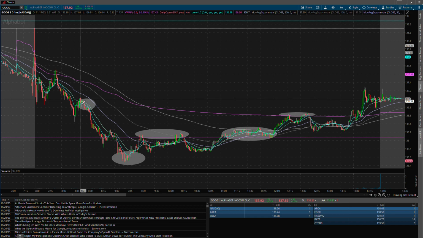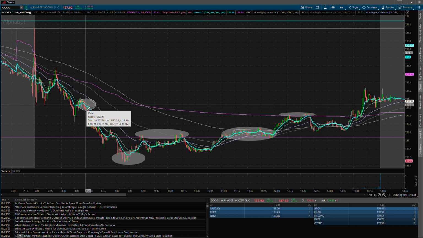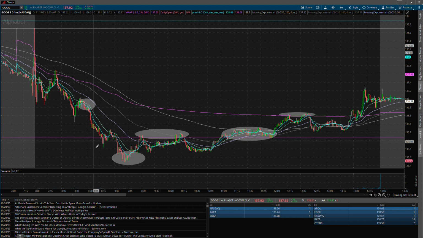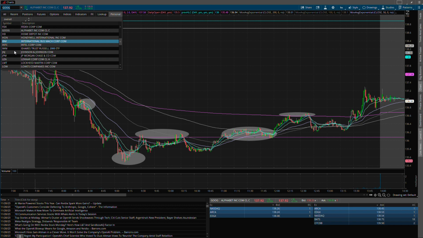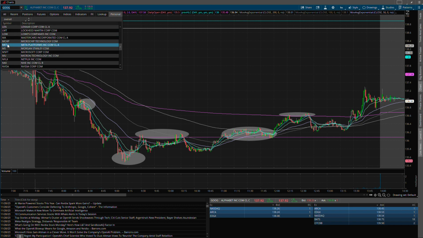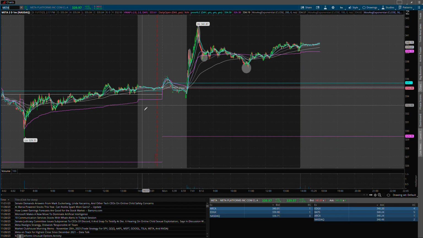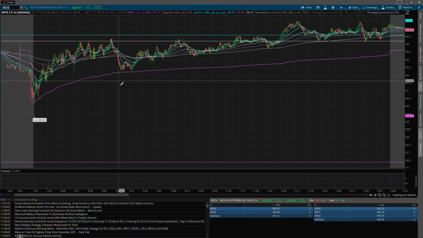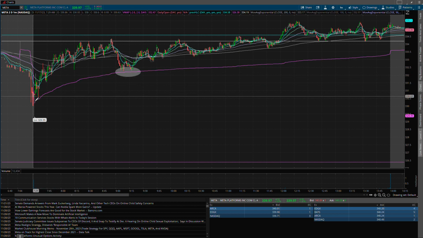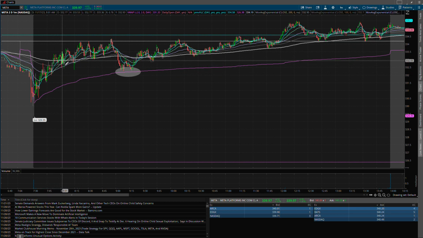So there would have been a, essentially, what is that? 137 and 135.5. So that's roughly about 100 point move for that day. So based on what I've seen so far, there's three types: major trend reversal. So if I were to get in somewhere here, that would be considered a continuation.